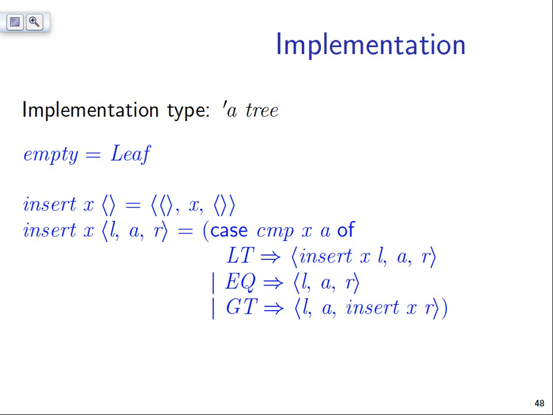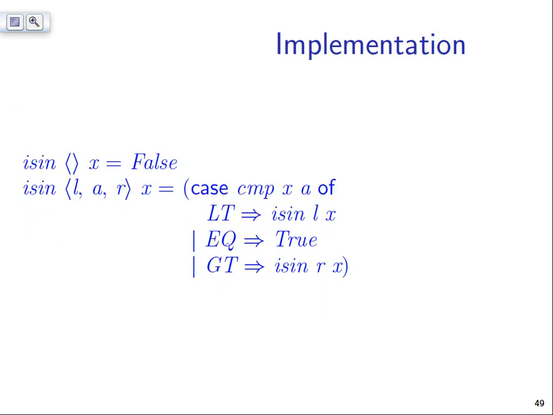And the insert function, well, if you insert into a leaf, you just get this singleton node, and if you insert into a node, then depending on what the comparison tells you, you either recursively insert in the left or insert in the right, or just leave the node alone if it's already in there. And the isin function is a similar recursive descent through the tree to search for the element.